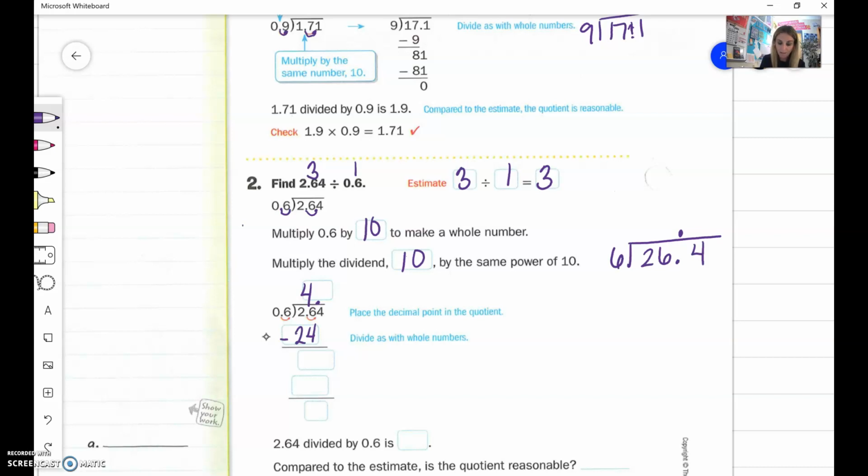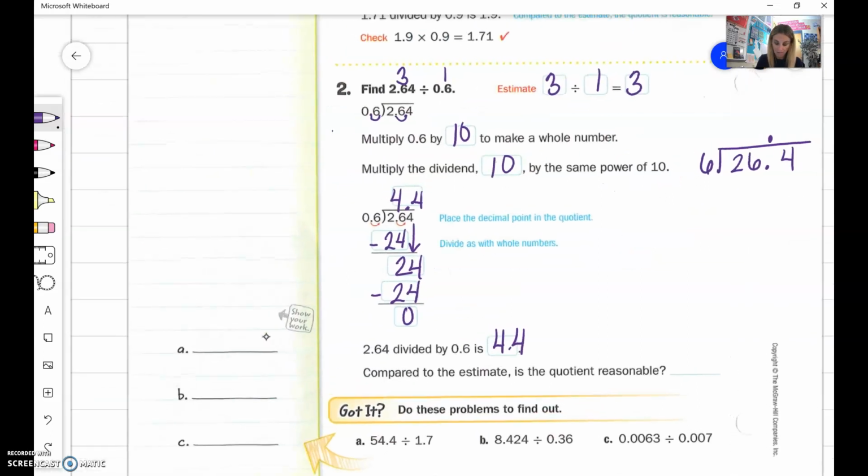I subtract. 26 minus 24 is 2. I check. Is 2 less than 6? Yes. So I bring down the 4 and I get 24. I know that goes in 4 times. 4 times 6 is 24. I subtract. I'm left with 0. So my answer is 4 4/10.